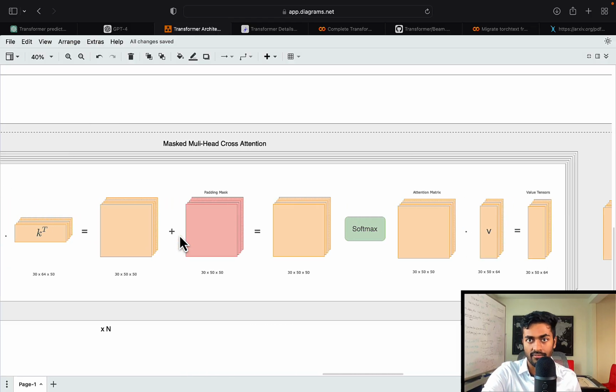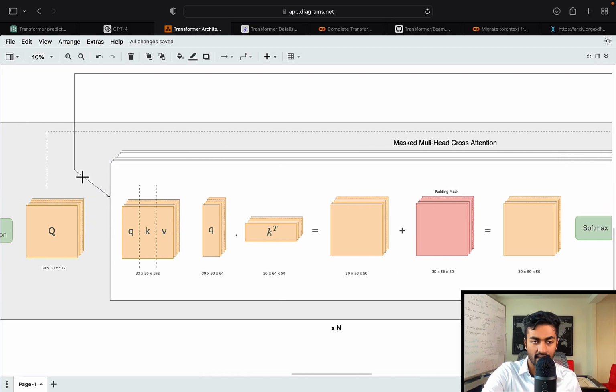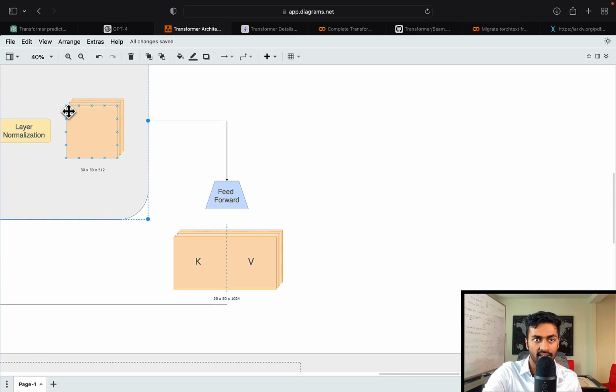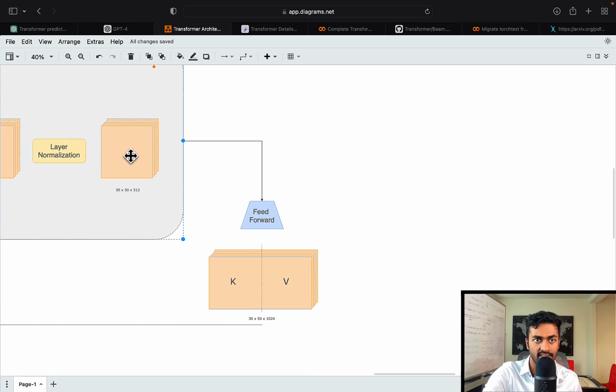Now, you can see that there's an arrow that's coming in from the encoder piece, which is providing, well, we saw these concatenated tensors that are very high quality. We're just going to put a feed-forward network of 512. It'll map 512 dimensions to 1024 dimensions.